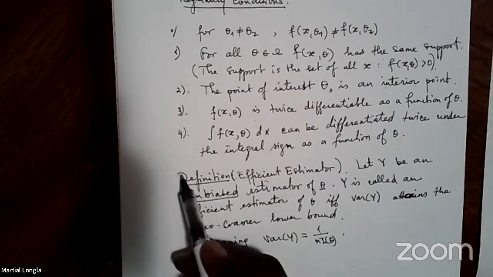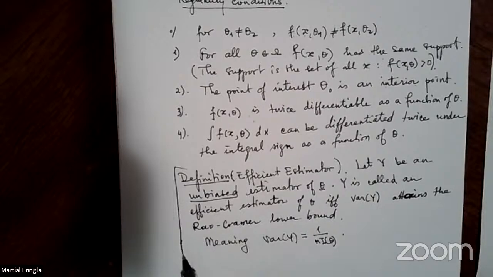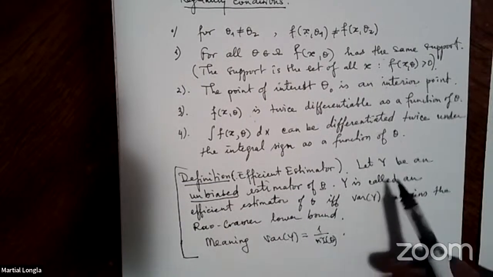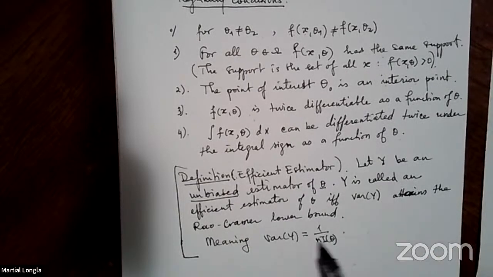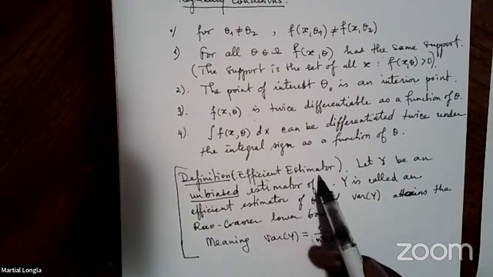This is just a new definition. It's not the theorem. And this definition is telling you that if Y has variance equal exactly to that bound, then we say that Y is an efficient estimator.